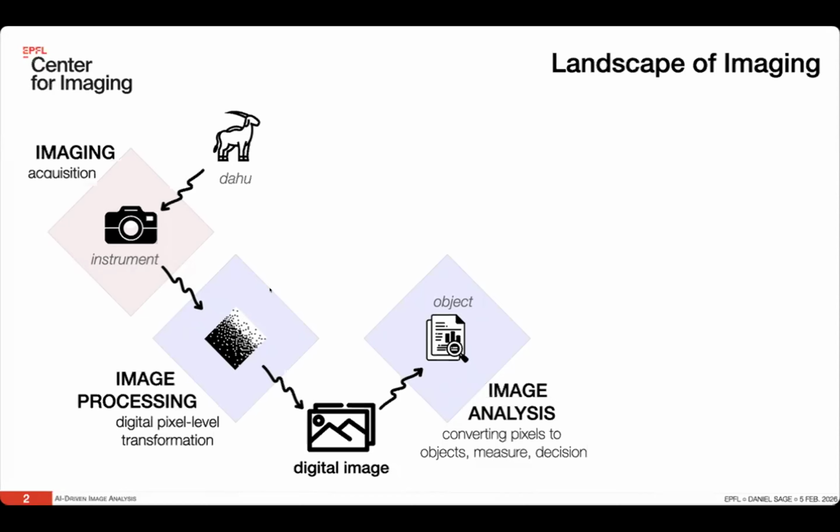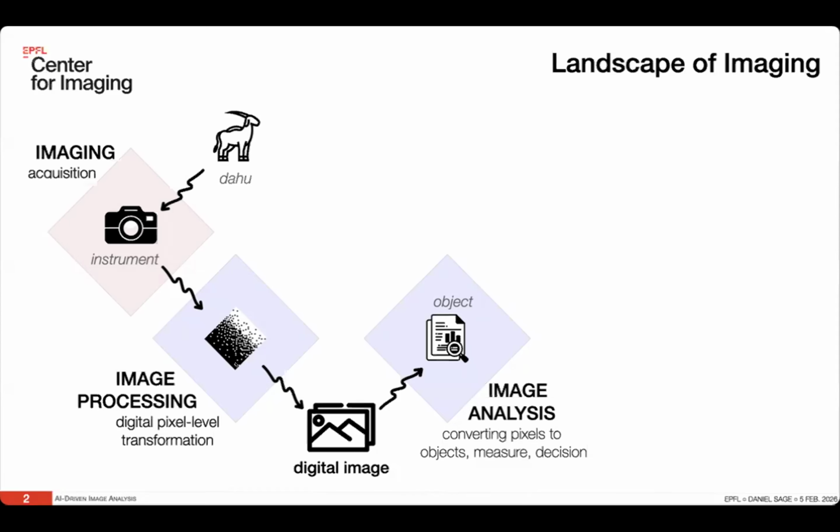Then we have other disciplines, which I can explain by what the input is and what the output is. Typically the first step is image processing. The input is an image coming directly from the camera, the raw data, and the output is an enhanced image.